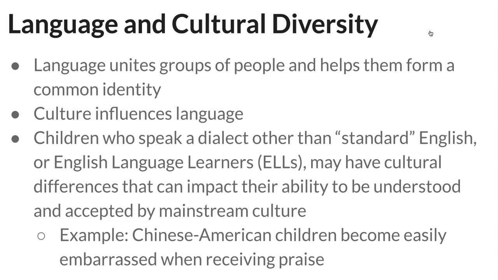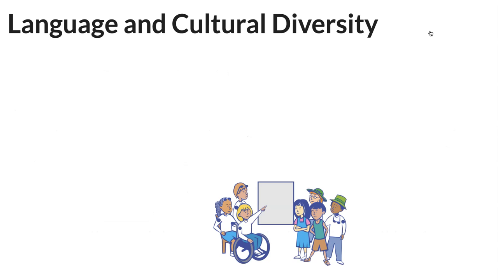So you might have students who are quiet or don't really feel great about getting praise, whereas other kids would be more talkative and happy if they got praise. That can be a big factor too. So again, differences are not just about dialect or language, it's also about culture.